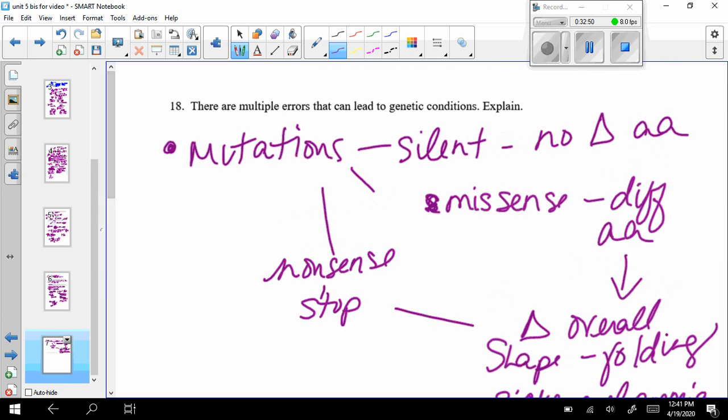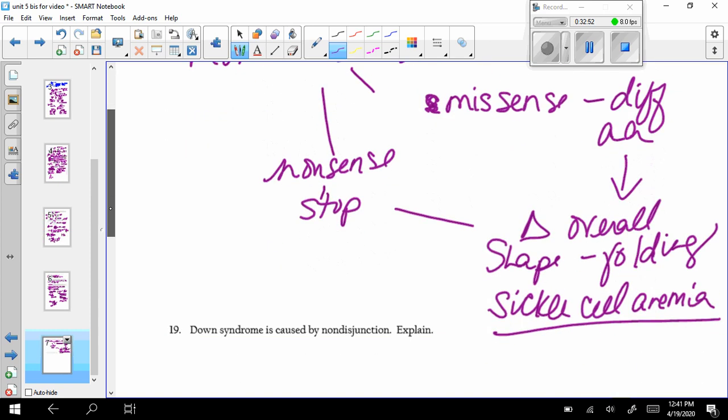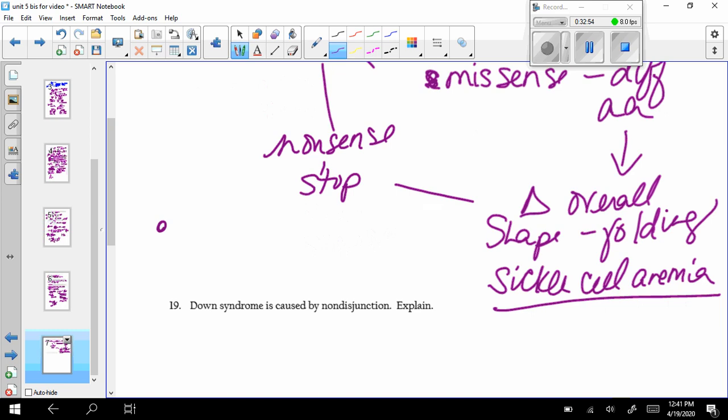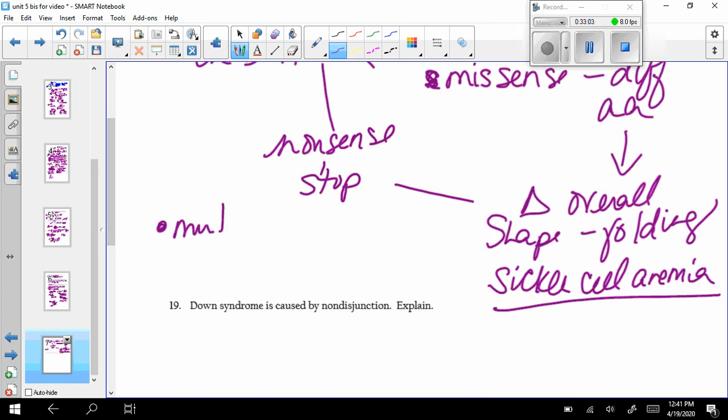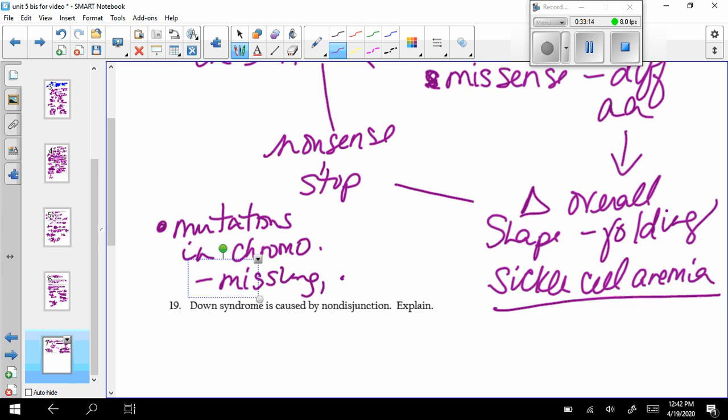All right, another thing that can lead to genetic conditions, so this was a mutation in the DNA. You can also have mutations or changes in the chromosomes. So a chromosome could be missing, or you could have an extra chromosome, or you could have a broken chromosome.